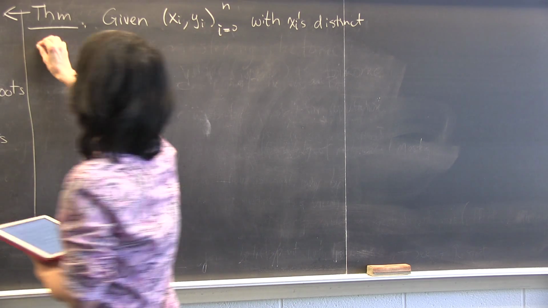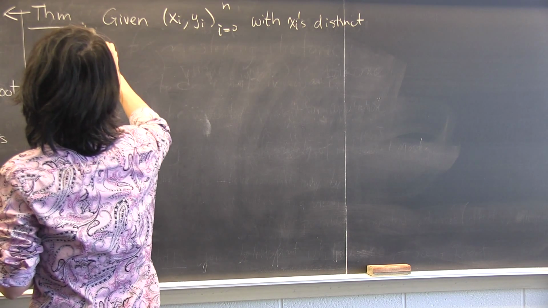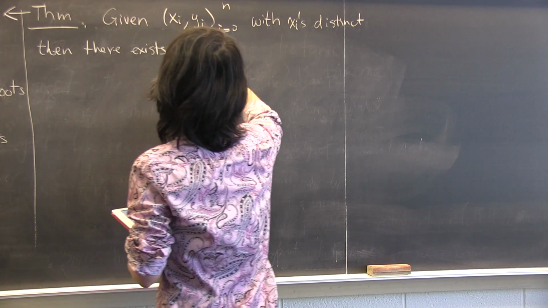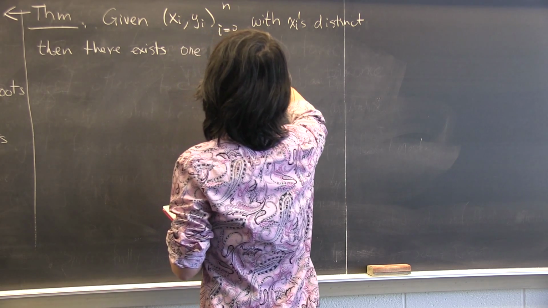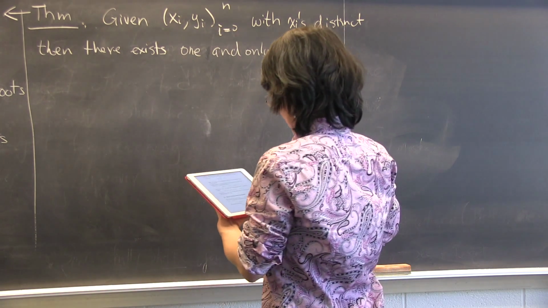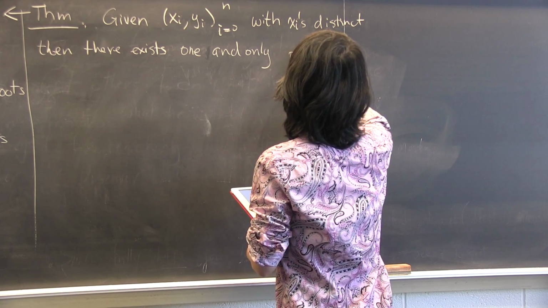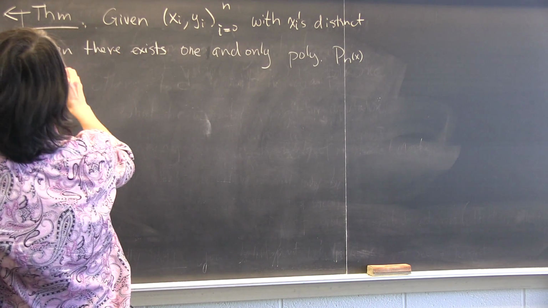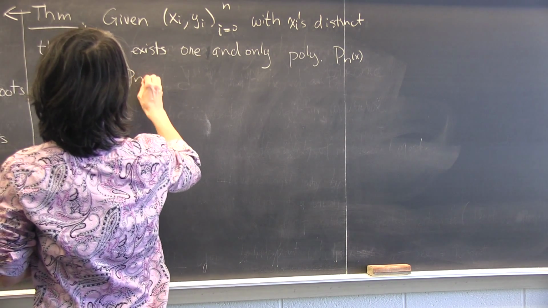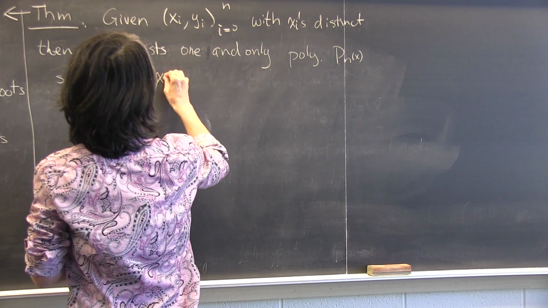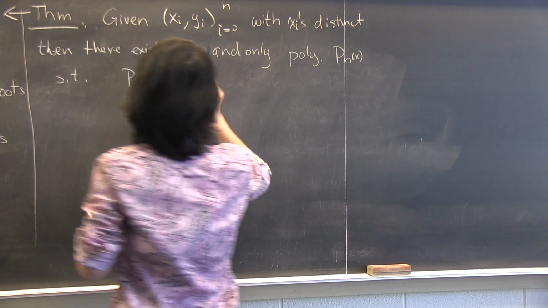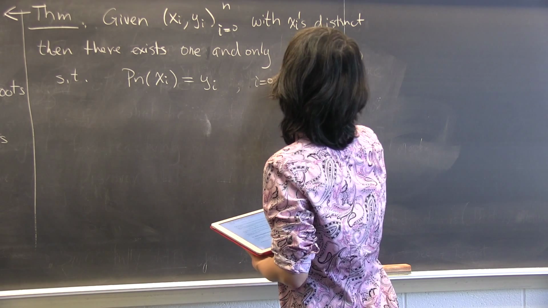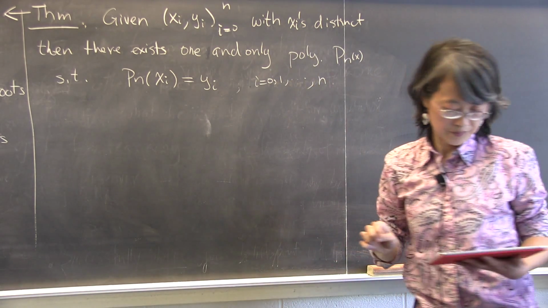Then there exists one and only one polynomial Pn of x of degree n such that Pn interpolates the data, meaning Pn evaluated at xi equals yi for i from 0, 1 to n.